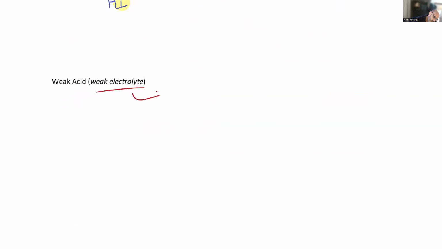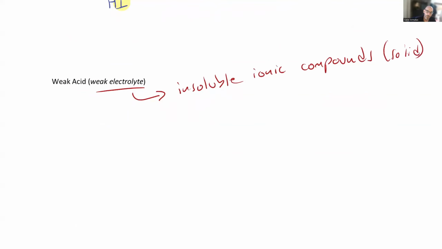So with that said, what is considered a weak electrolyte? Again, weak electrolytes are insoluble, the things that form solids in solution. So go back to your solubility table. What are considered weak acids?